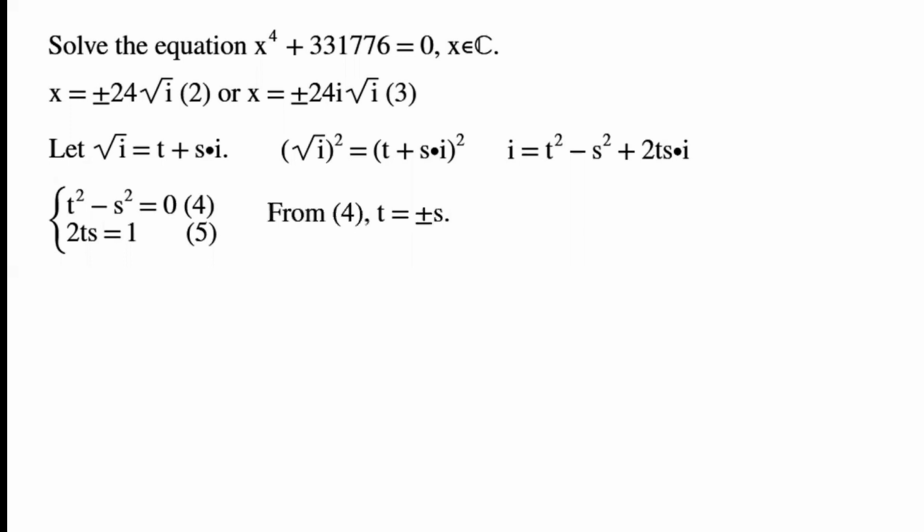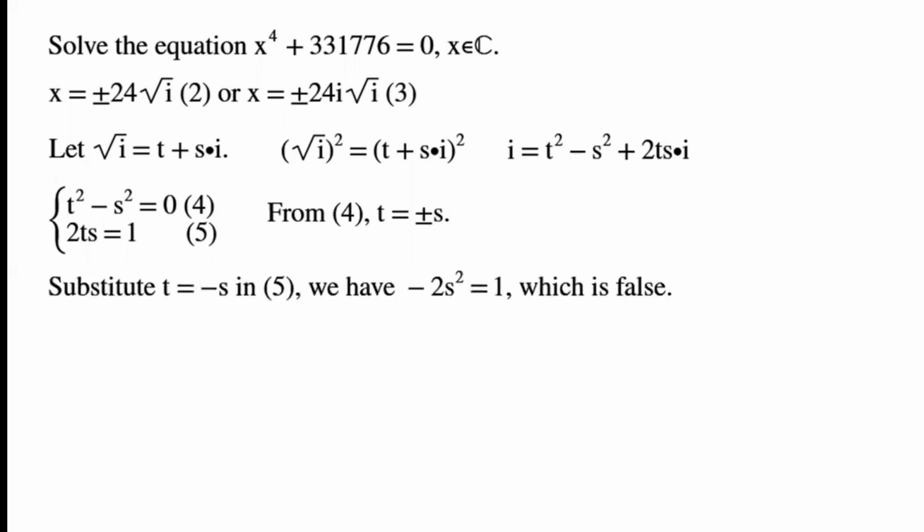From equation 4, t must equal plus or minus s. Now substitute t equals minus s in equation 5. We have minus 2s squared equals 1, which is false.